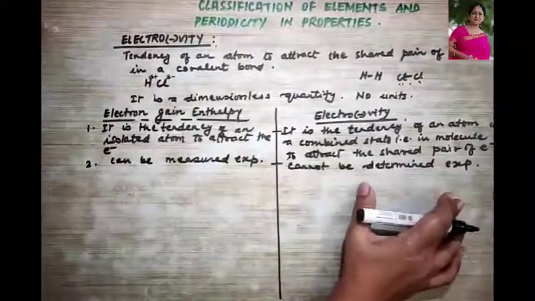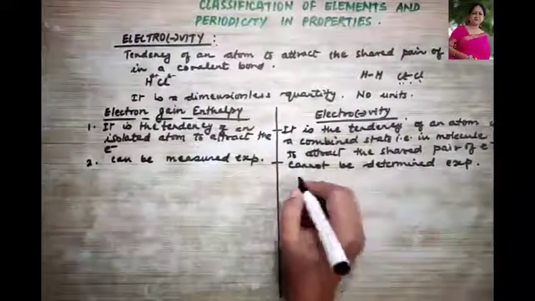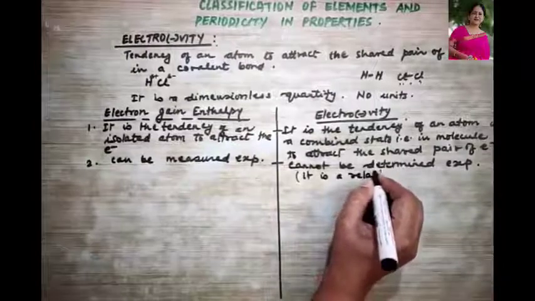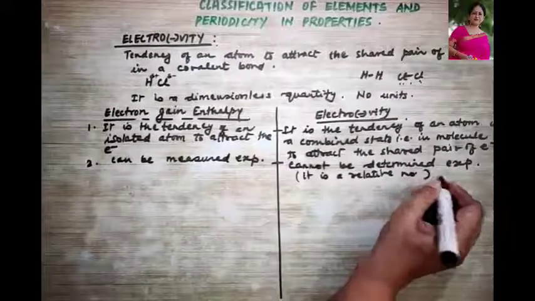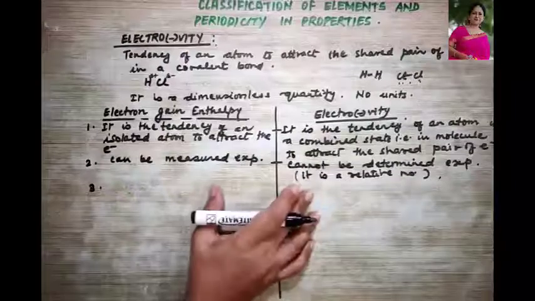Clear? Why can it not be determined experimentally? Because it is a relative number.